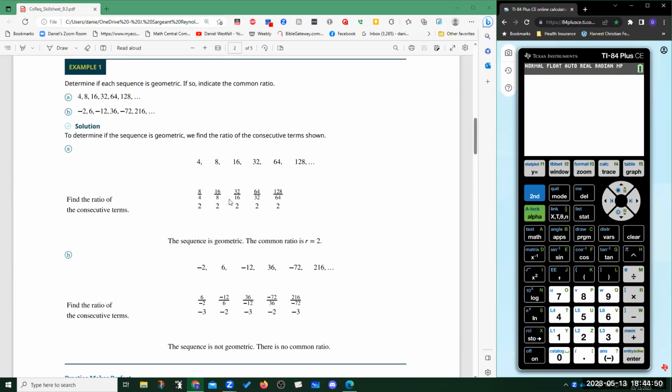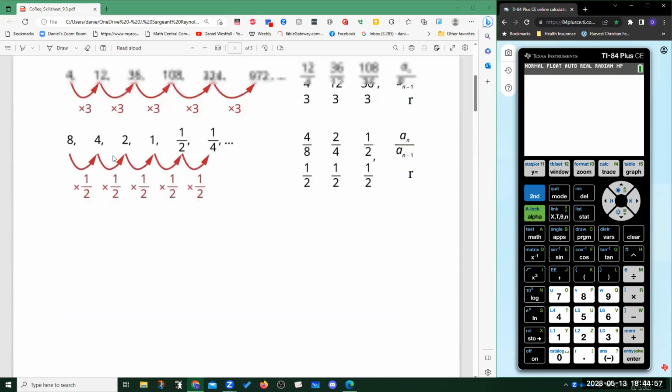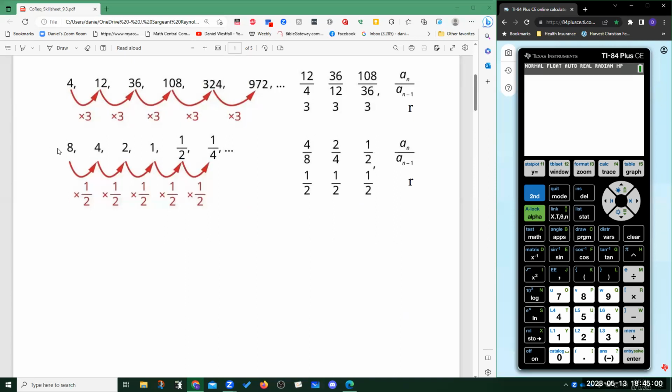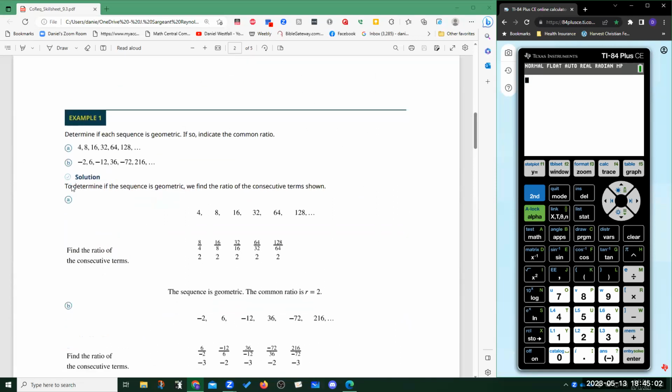So let's go ahead now and determine if this sequence is geometric. It's kind of the opposite of what we did up here, where we had 4, 8, 16. We're multiplying by 2, 32, 64, 128. So if we wanted to prove that to ourselves, 8 divided by 4 is 2. 16 divided by 8 is 2. 32 divided by 16 is 2. 64 divided by 32 is 2.